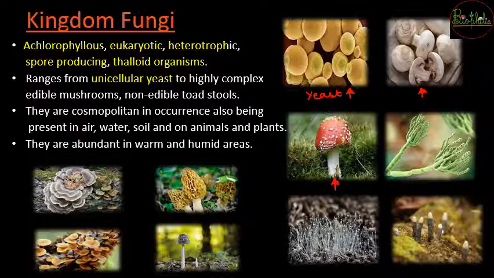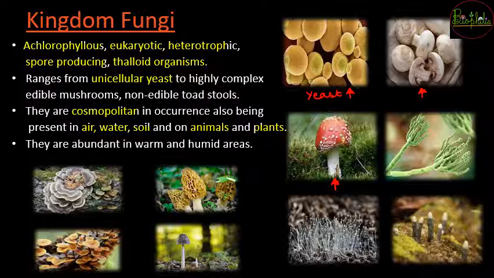So kingdom fungi के अंदर जो members आते हैं they all are going to be cosmopolitan. Cosmopolitan का क्या meaning होता है? They are going to be present each and everywhere. चाहे वो spores air में हो या you can find the spores in water, in soil or on other animals or even on plants. So there is no certain place where you don't find fungi.